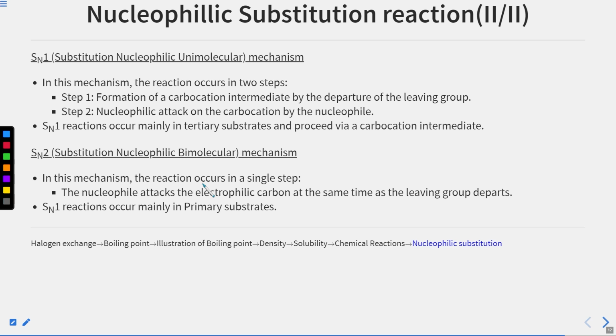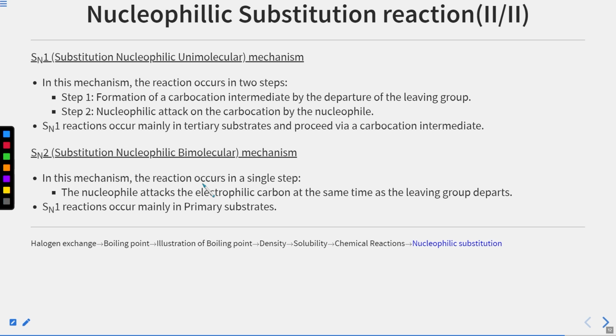Now what happens in this mechanism? The mechanism goes in two parts. First, you will see the formation of a carbocation intermediate. Remember all these points; we'll see it in more detail one by one. Remember these points just for now, and if you want, you can try to read a bit of it.